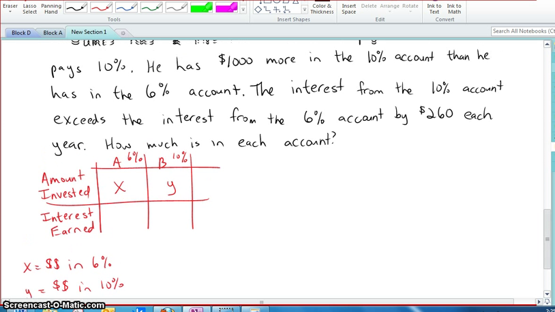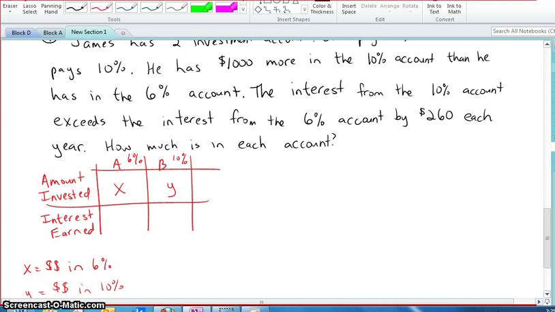And we know that he has $1,000 more in the 10% account than he has in the 6% account. That's talking about the amount invested. That's the money invested. So it's $1,000 more in the 10% account. That means this is the bigger account, and this one is the smaller account.